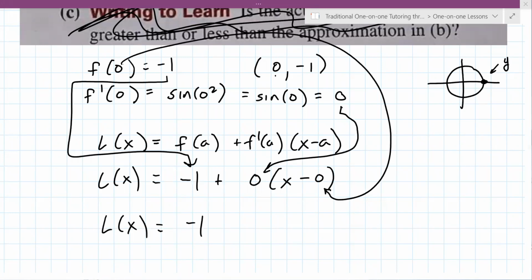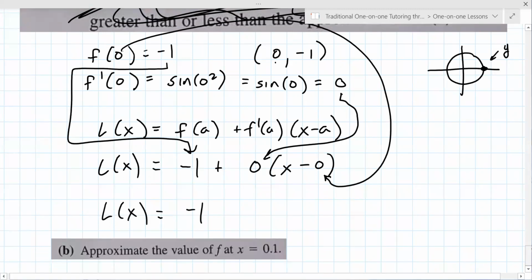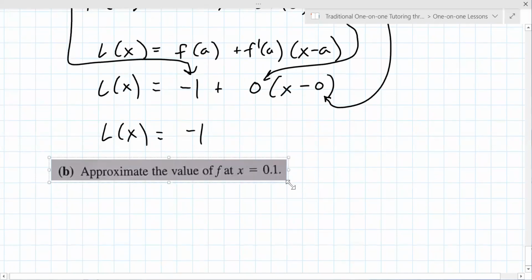But it's okay. All right, so the next thing is they want the approximate value at x equals 0.1. And this is going to be unclear maybe, but they're basically asking you to evaluate L of x. Let me snip this in. They want L of x at 0.1.